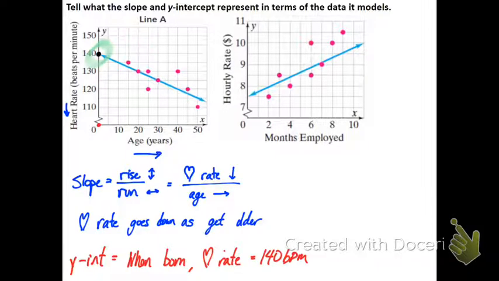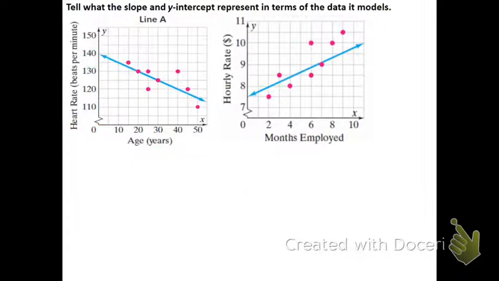Okay, so again, we're trying to, as much as possible, use words to explain what the slope and the y-intercept actually mean. So with this second one, it's talking about the months you're employed at a job and your hourly rate. And so when I do this, again, my slope is my rise over my run.